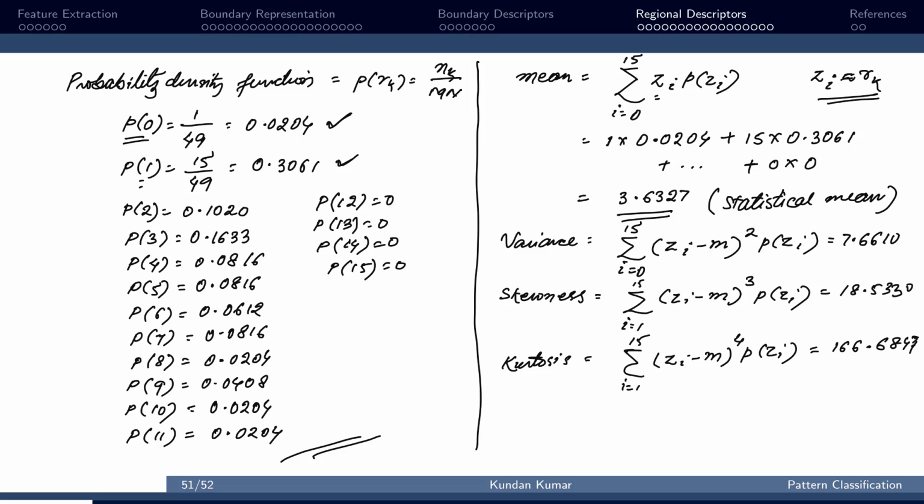Here these parameters are basically considered as the feature components, and we can make them into a vector, so that it will be a feature vector. That can be used for the representation of an image, or we can say it can be used as a global feature of an image, so that we can use it in image classification problems.